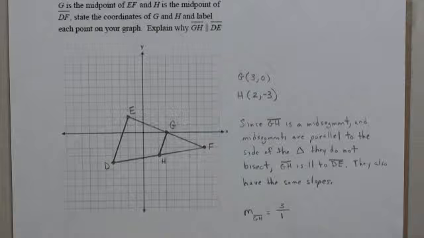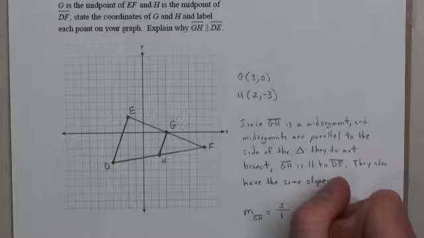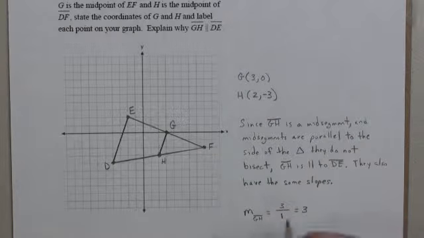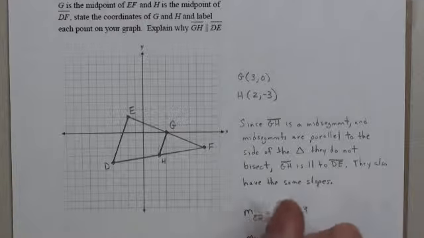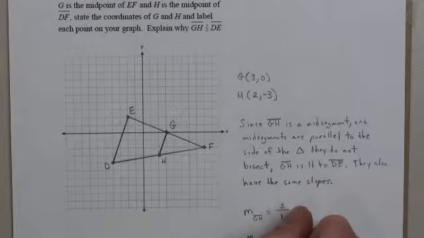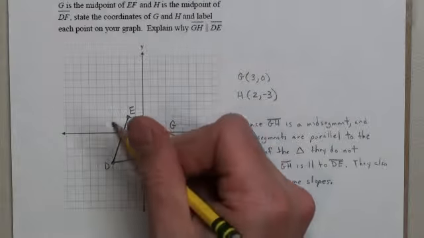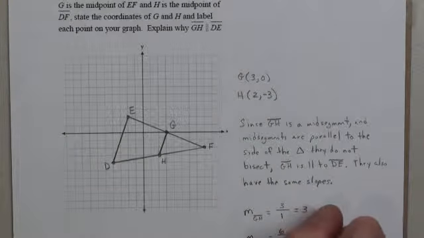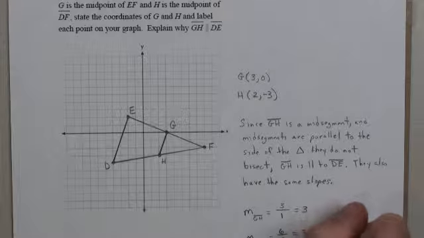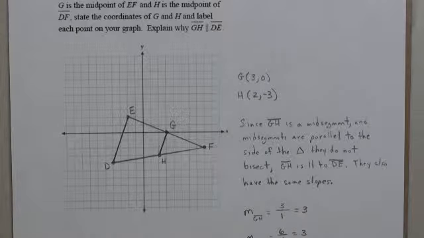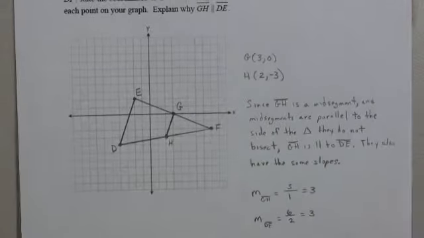So the y direction is always on top and the x is on bottom. So my slope of GH is 3, and my slope of DE, so I go up 1, 2, 3, 4, 5, 6, and I go to the right 2, and that's also 3. So you want to show that work as well. Next problem.